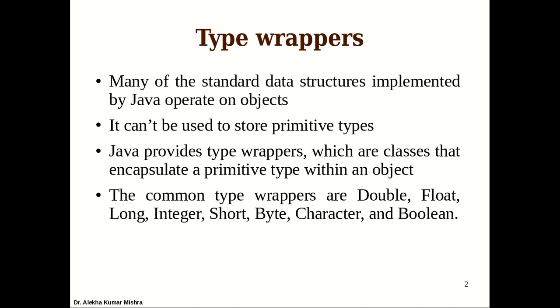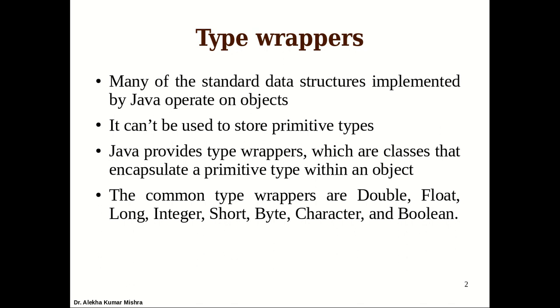That is the real idea behind defining type wrappers. So we have defined classes which handle the primitive data types as objects in Java. This is the list we have so far.